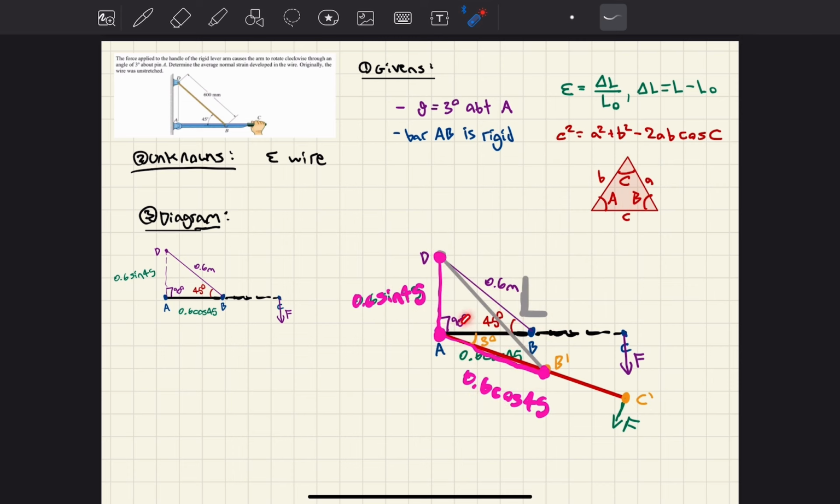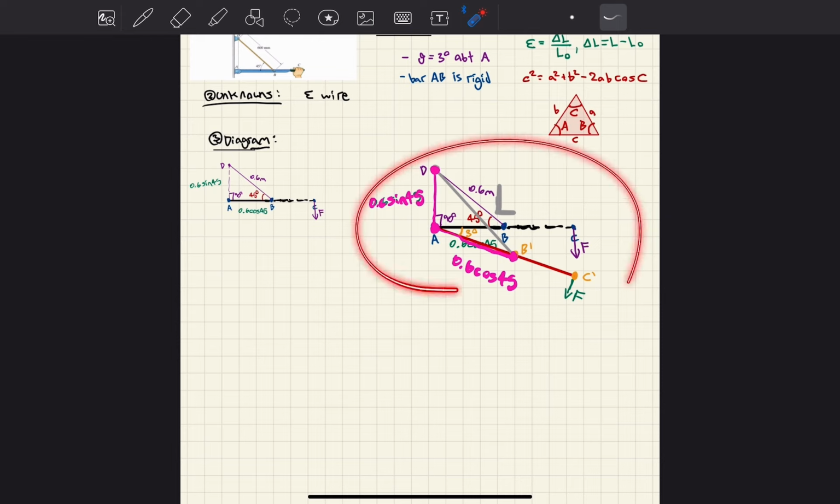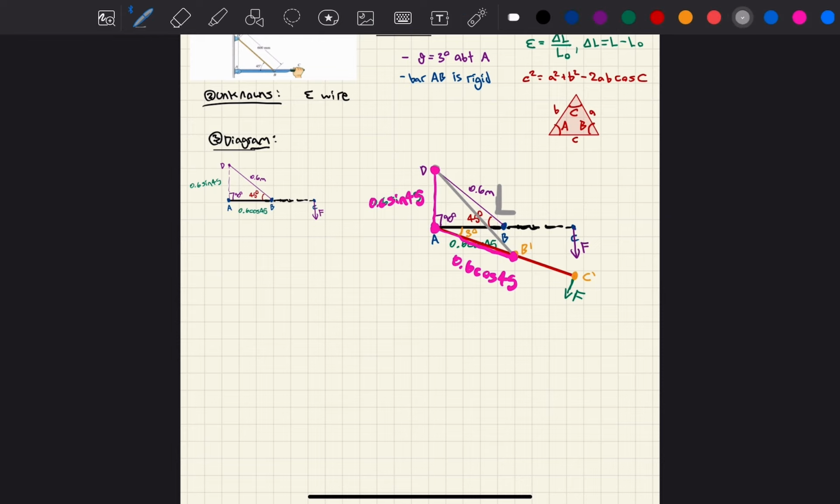And you may ask, what's C? Well, it's just our original 90 plus the extra 3 degrees of variation. Hopefully that makes sense.